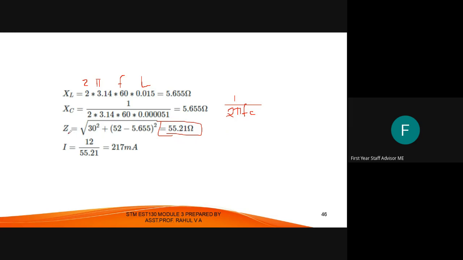And finally, we have calculated impedance, square root of R square plus, here they have taken XC minus XL. Both are correct. We can calculate using the equation XL minus XC also, not an issue, because anyway we are taking the square of that.